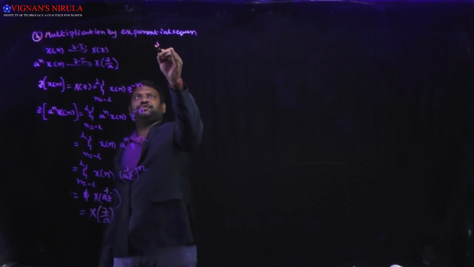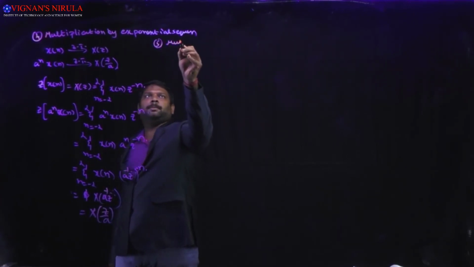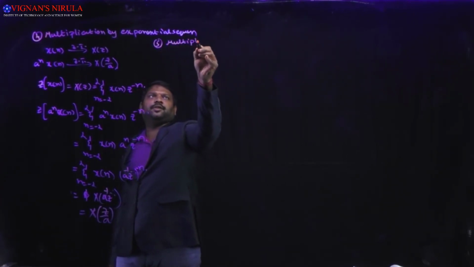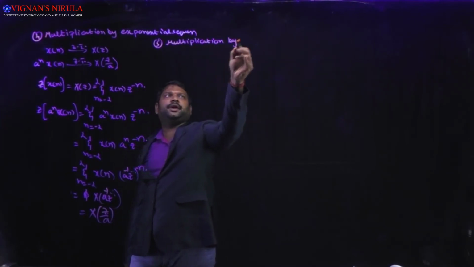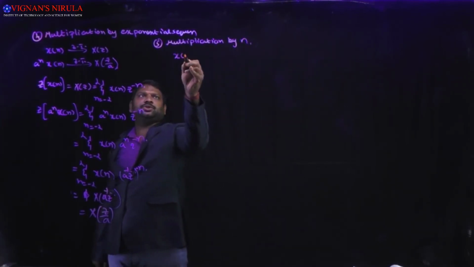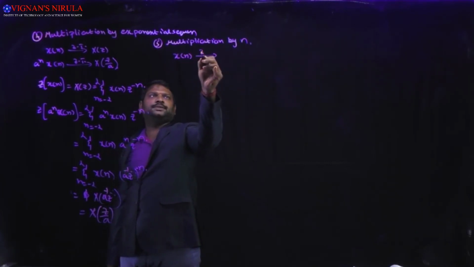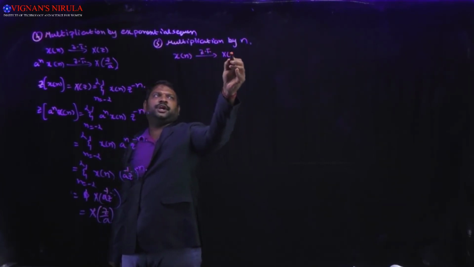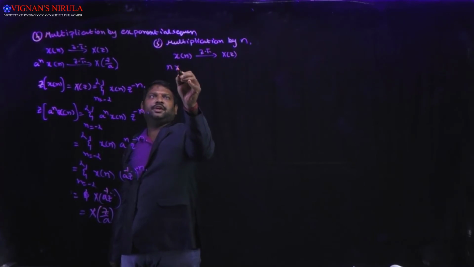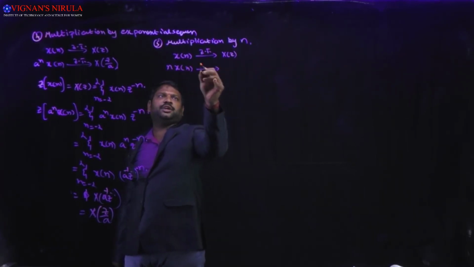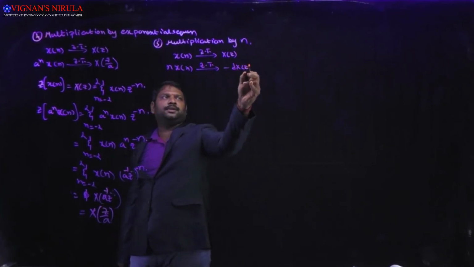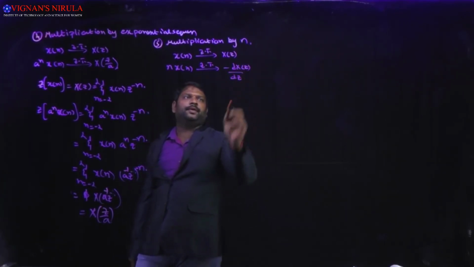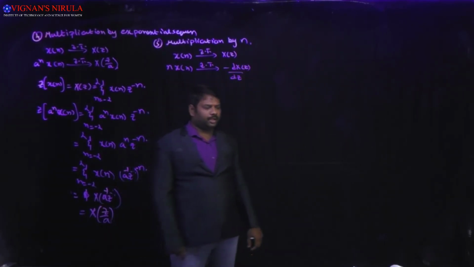And similarly the fifth one is multiplication by n. Multiplication by n: x of n whose z transform is x of z, then n into x of n whose z transform is minus dx of z by dz.